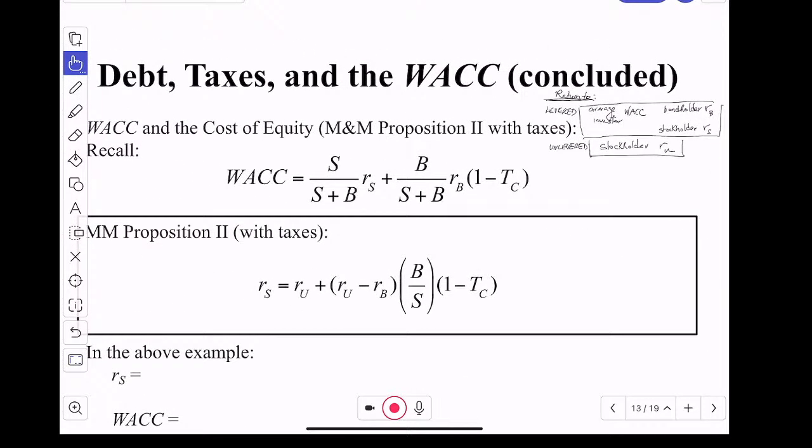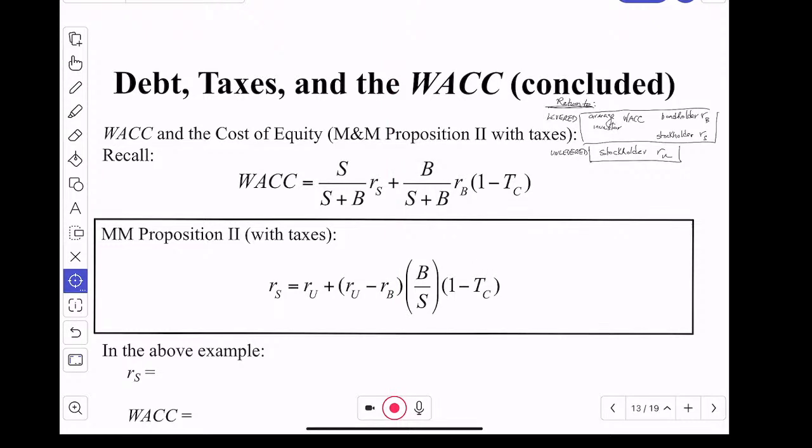It says when we relax the assumption and allow for taxes, the return to the investor in the levered firm, the stockholder, continues to increase the more debt relative to equity is issued. This is just an adjustment for the fact that there are taxes. Remember the 1 minus TC, because per dollar invested, this is what the firm pays out, and this is what, in turn, the bondholder requires.